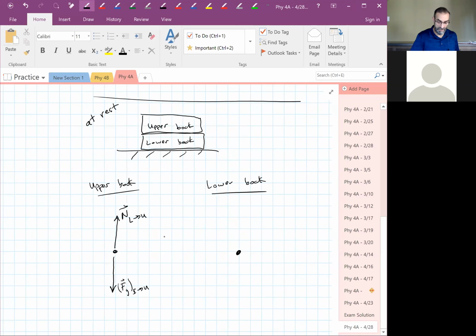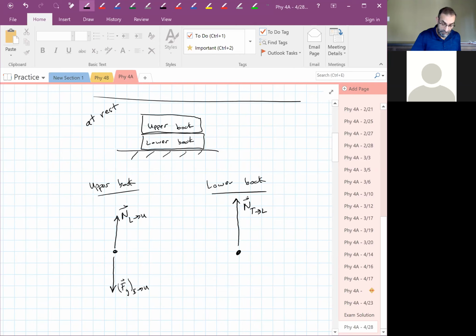So every one of the subscripts should be on the lower book, because these are all the forces acting on the lower book. So what's touching the lower book? The table is touching it. So it's going to push up. Normal force, table on lower book.